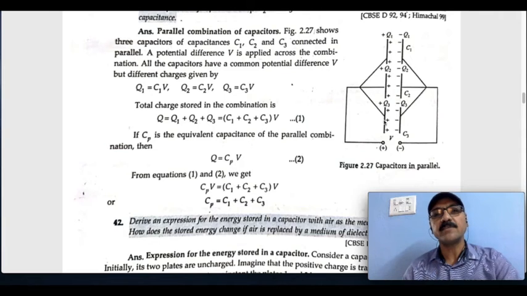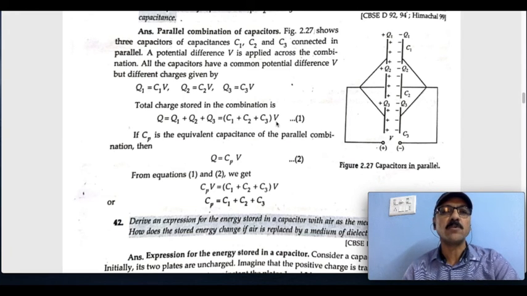Suppose the total charge from the positive terminal is capital Q. So the total charge Q equals Q1 plus Q2 plus Q3. Because Q equals CV, Q1 equals C1V, Q2 equals C2V and Q3 equals C3V, since the potential is the same. So Q equals C1V plus C2V plus C3V.